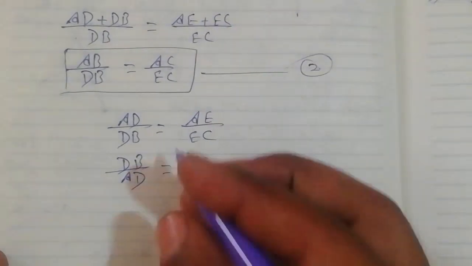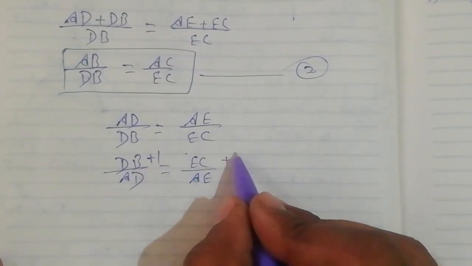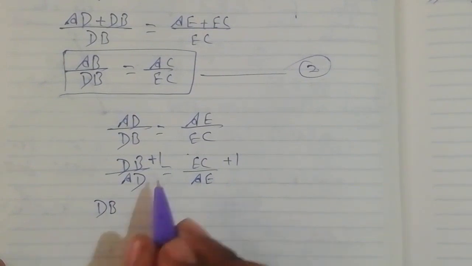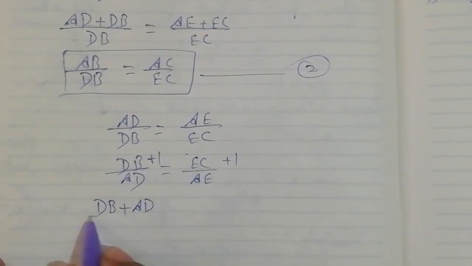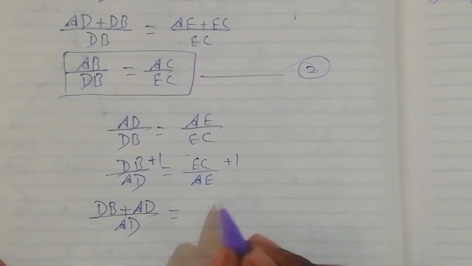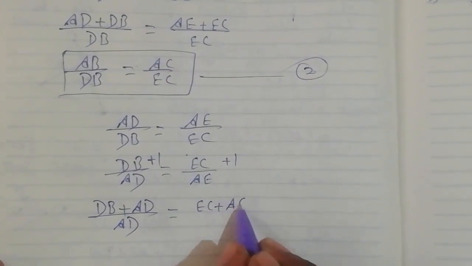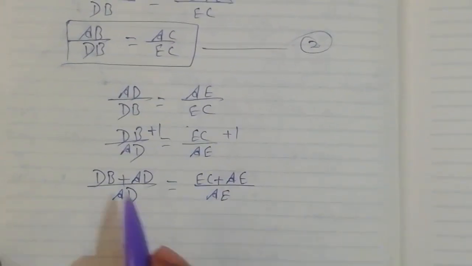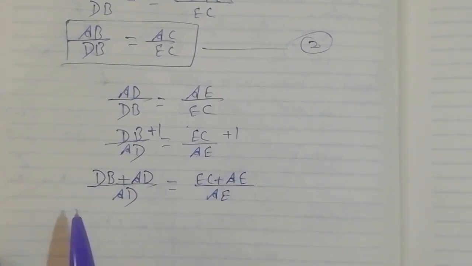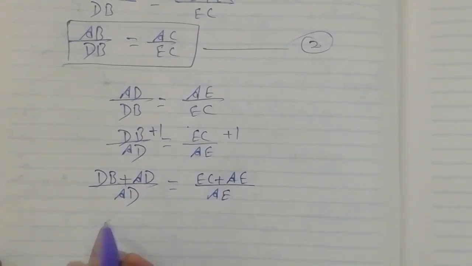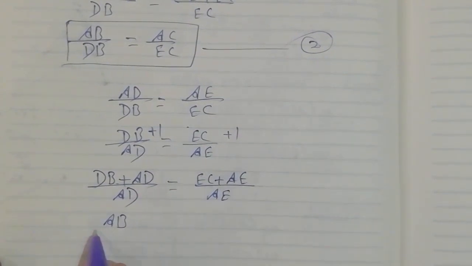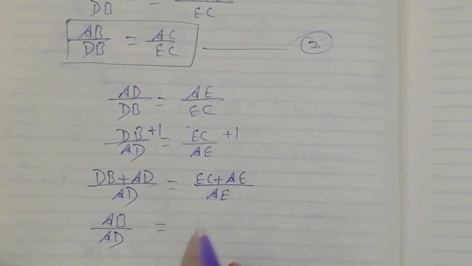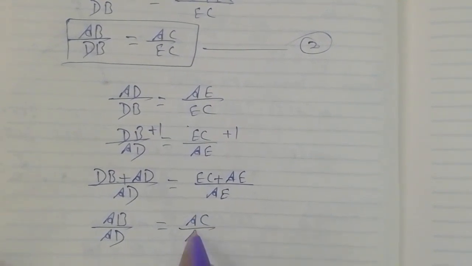Now if I add +1 here and +1 here also, it will look like DB plus AD upon AD is equal to EC plus AE upon AE. DB plus AD is nothing but AB, and EC plus AE is nothing but AC. So AB upon AD is equal to AC upon AE.